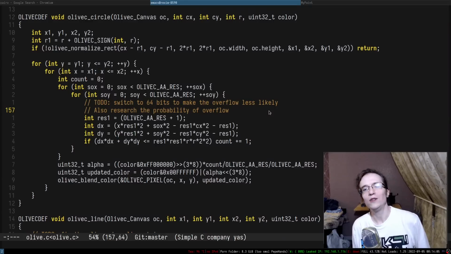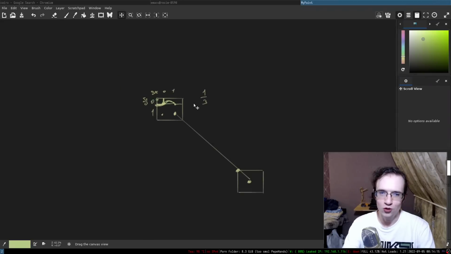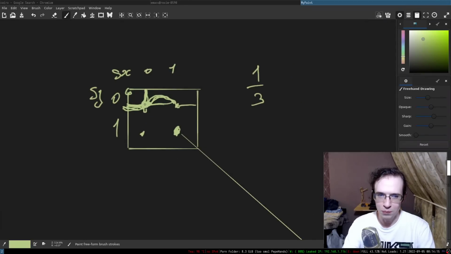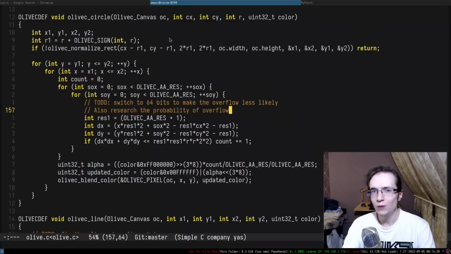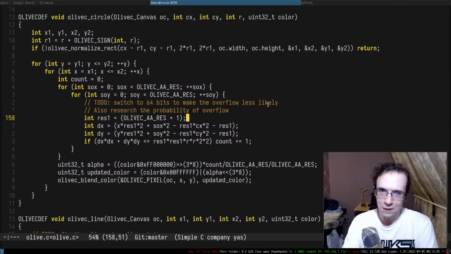Okay, but the problem here is that this kind of obscures the logic of the anti-aliasing. Because, for example, I only use this very specific strategy of dividing the pixel into subpixels. What if I want to divide them somehow differently? How am I supposed to modify this code? I don't know, I'll have to start over, right?